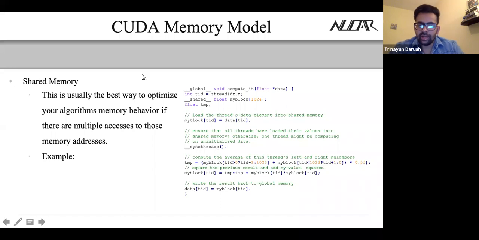So anyone has an idea of what will happen if I remove this sync threads? You can speak up, anyone who has an idea. So think about how the threads would be executed and what might happen if I remove these sync threads. The goal of sync threads is to synchronize between threads of the same block. Anyone with the answer?